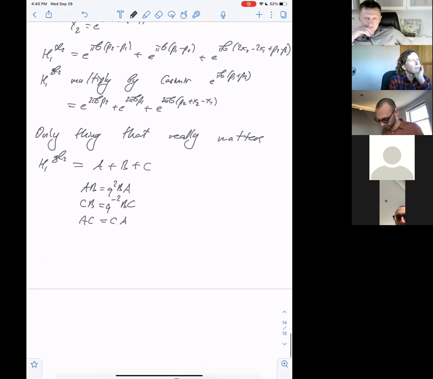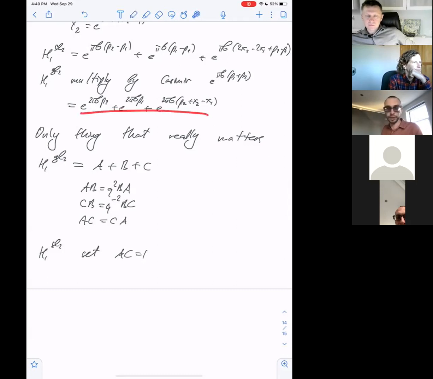But then if you want H1 SL2, you just set AC equals 1, right? And then you get A and A inverse, right? But then this is just a different parameterization.